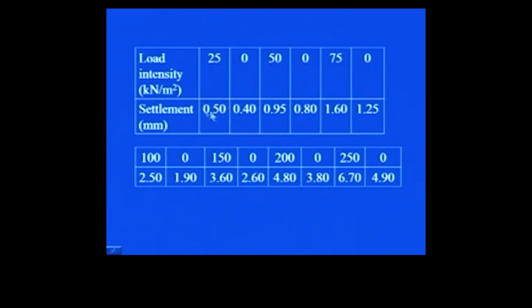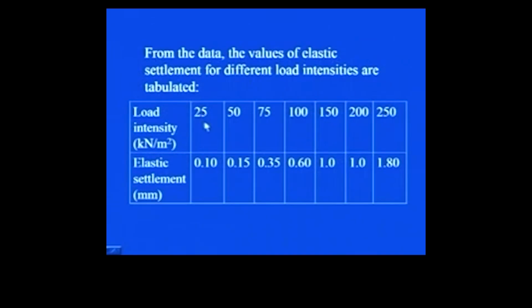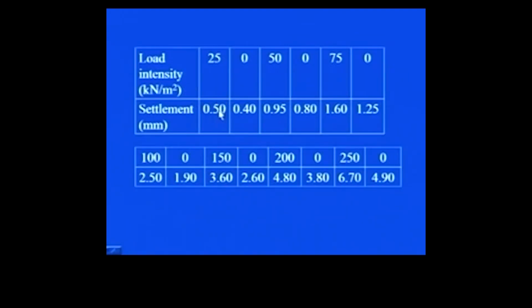The difference between the settlement corresponding to the maximum load intensity and the settlement corresponding to the loading intensity equal to 0 will give us the value of elastic settlement for that particular loading cycle. So in this case, corresponding to load intensity 25, elastic settlement is 0.10. This is 0.5 and 0.4, and the difference of these two is 0.1, which is the elastic settlement for this 25 kilonewton per meter square.